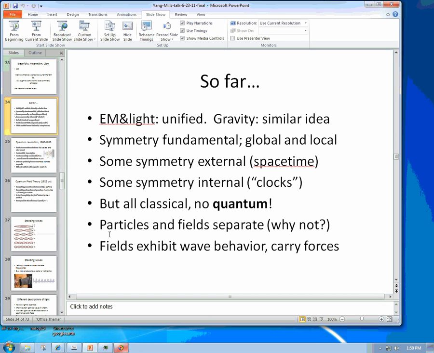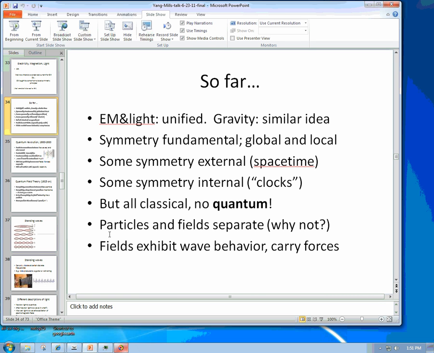Some of that symmetry is external symmetry, these space-time symmetries, like moving things around. You can actually see it happen. If I actually move my lab from here to Santa Fe, then it's very visible what I'm doing. Some symmetry is internal, much harder to see, and it usually just comes out in the mathematics of the theory, that you've got these formal little clocks associated with every point in space-time.